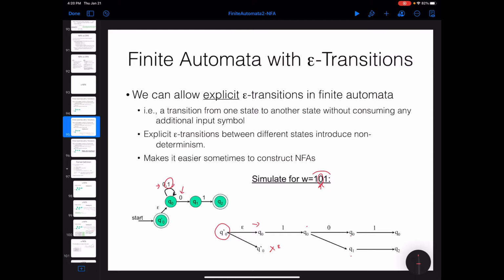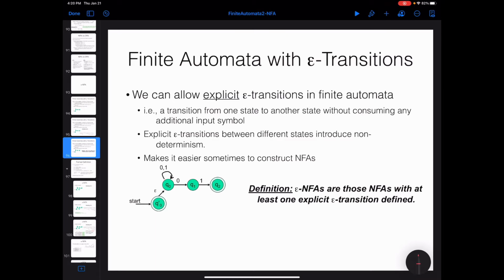What would happen if I stay? What would happen if I move to Q1? If you stay at Q0, by reading the next 1, you will need to stay at Q0. But if you move to Q1, from Q1 by reading a 1, you can move to Q2. So finally we accept the string in this epsilon NFA.